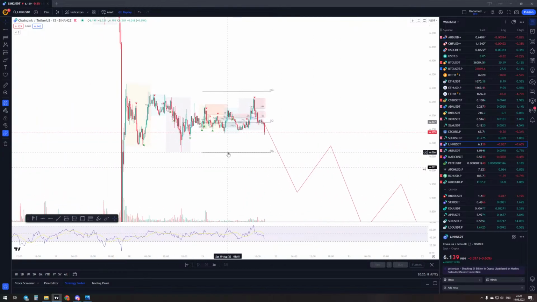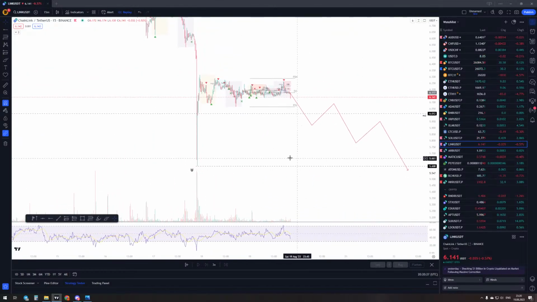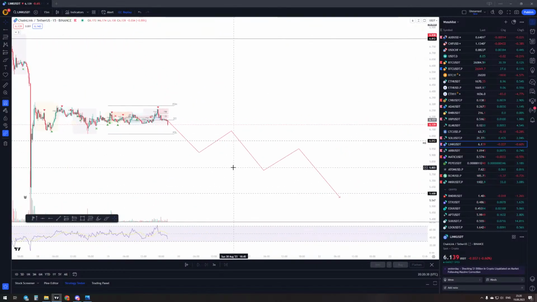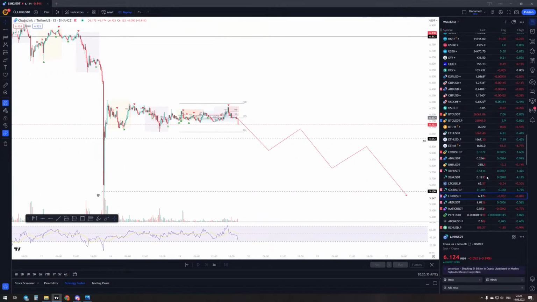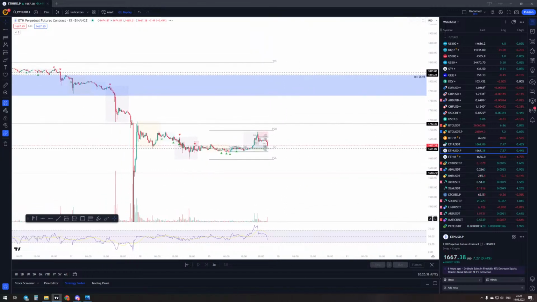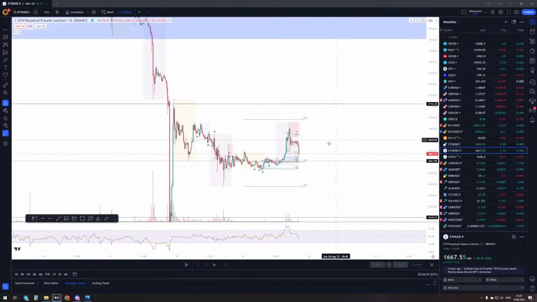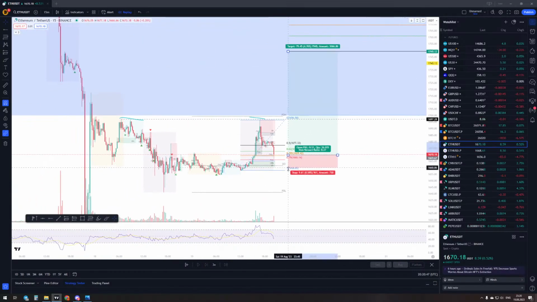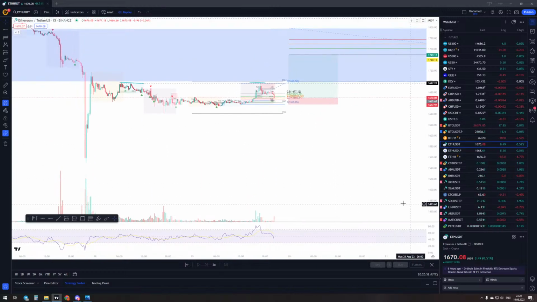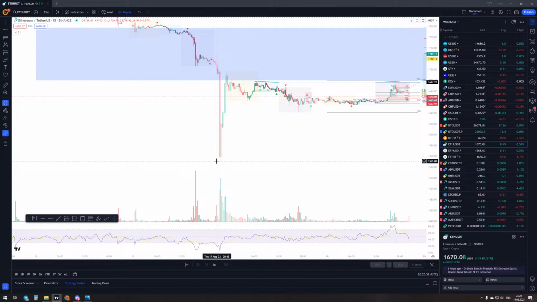See, probably the first target will be this previous daily low or this low. That's why it's better not to touch anything during the weekend. If we break this low, likely we will go to the zone, just like 1551.